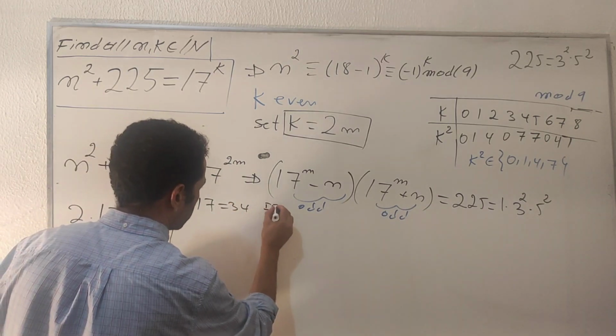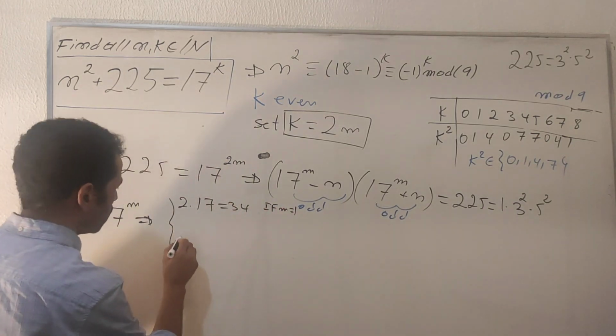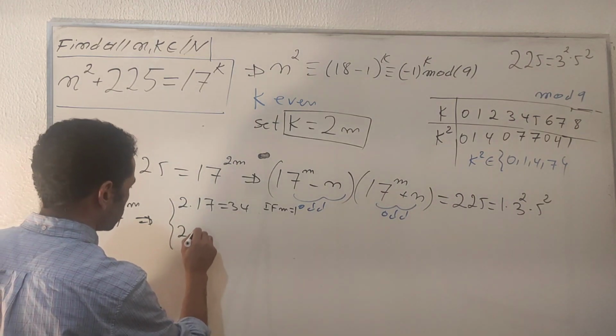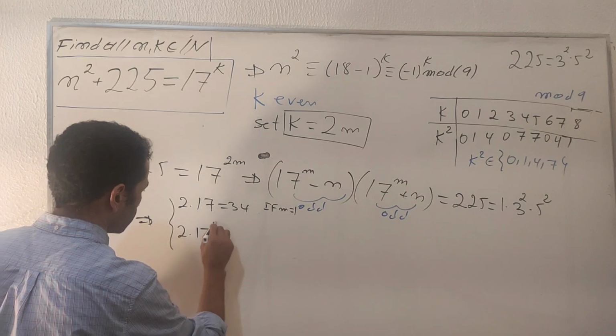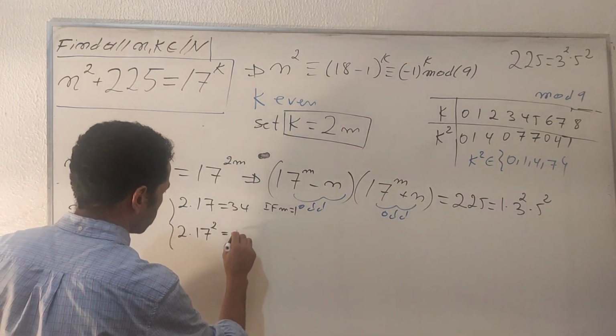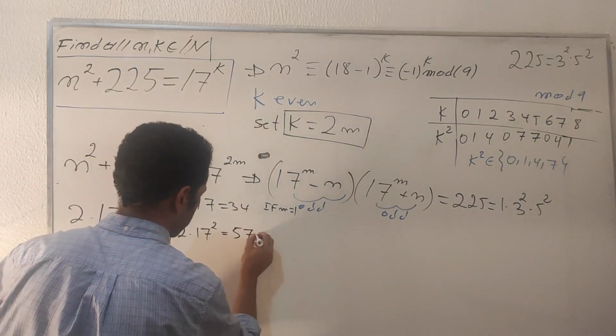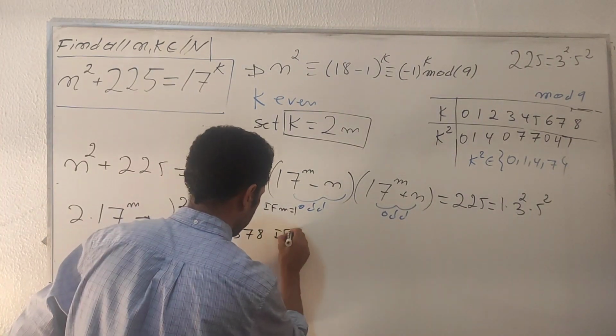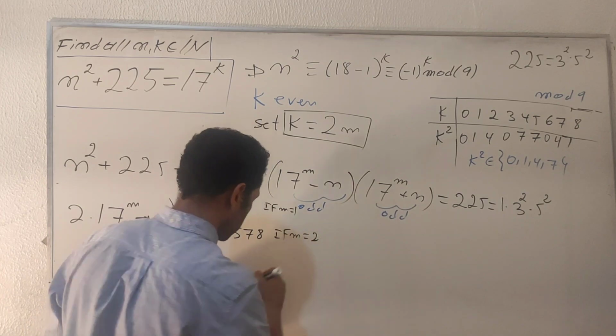If m equals 2, I get another possibility, which is 2 multiplied by 17 squared, which equals 578. Okay, I'm going to stop here.